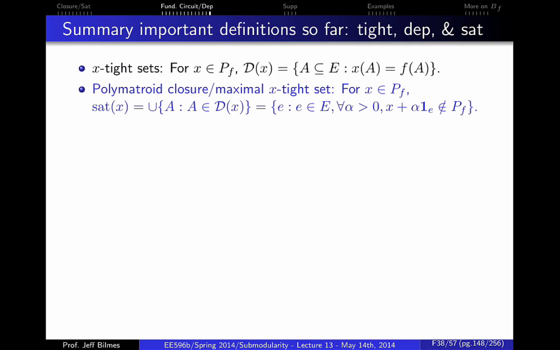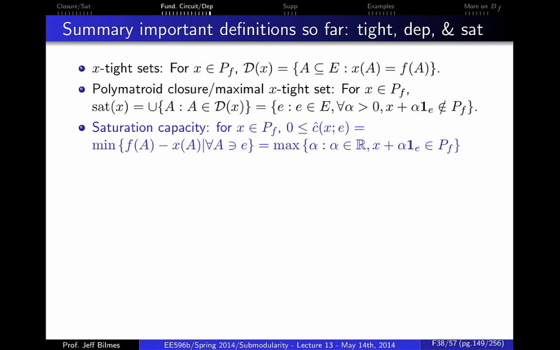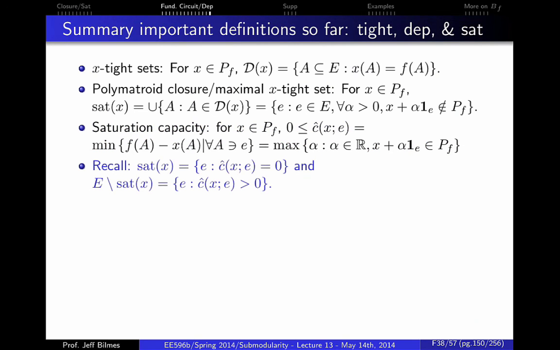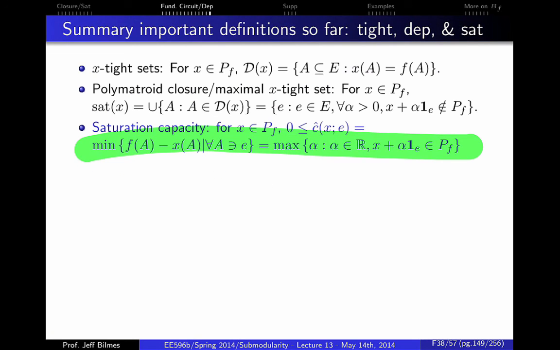The polymatroidal closure is defined as equal to this, and we have these two different definitions. We've got the saturation capacity, and we have these two different definitions. By the way, we're going to use these definitions. In fact, there's a really nice proof of the min-norm submodular function minimization algorithm that uses these two definitions that we will do in this class.